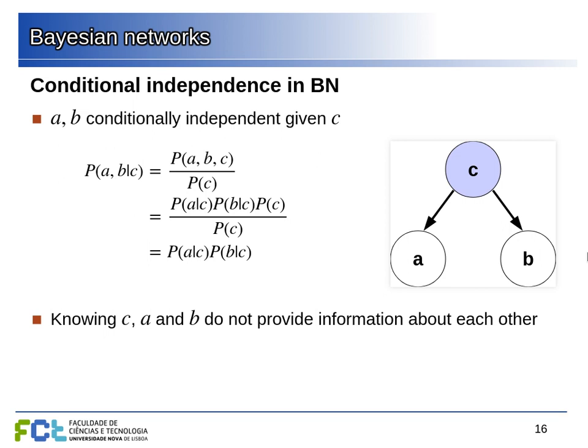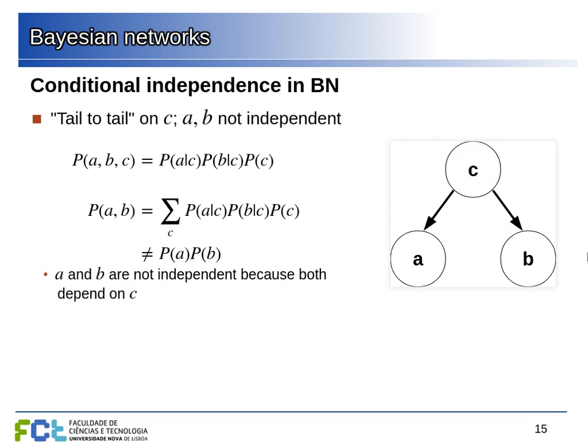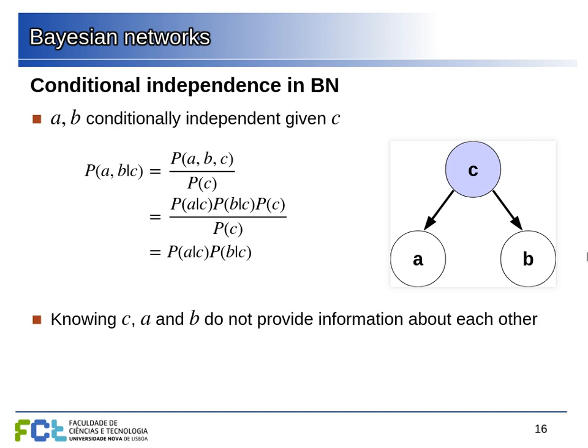There is no additional information that A can give us about B or vice versa if we already know C. And we can see this: the joint probability of A and B given C is basically the joint probability distribution of all of them divided by C. And if we use the expression here, given the graph, we reach the probability of A given C multiplied by B given C. This means that once we know C, A given C and B given C become independent of each other. So A and B become independent when we know C.